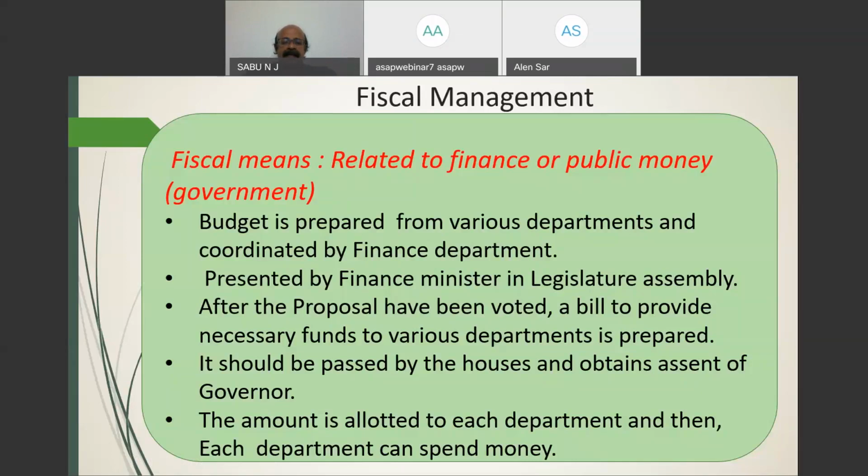Then it is ready for spending the money. That particular amount is allotted to each department in accordance with the state government budget, so each department can spend money. That means if budget provision is made, that amount of money can be spent by each department. That is the process involved in the fiscal management system.